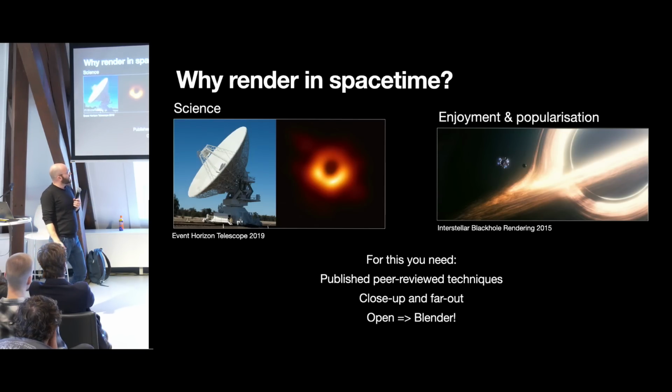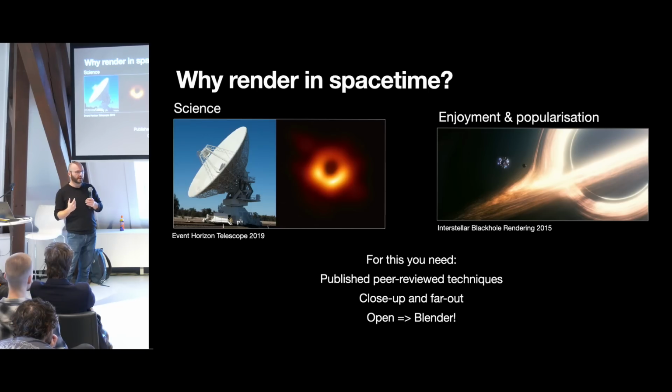So I wanted to make such a render engine in Blender, and for this I needed a couple of things. I really wanted it to be scientifically correct, so the effects I built into it, I wanted them to be based on peer-reviewed, published scientific techniques. I wanted to be able to put both the camera and objects close by and far away.